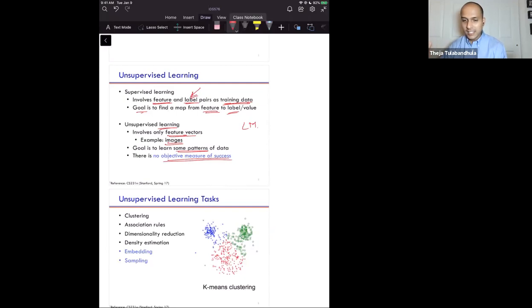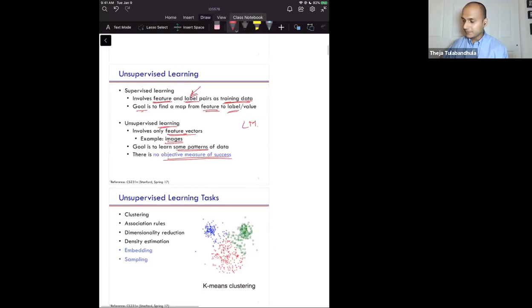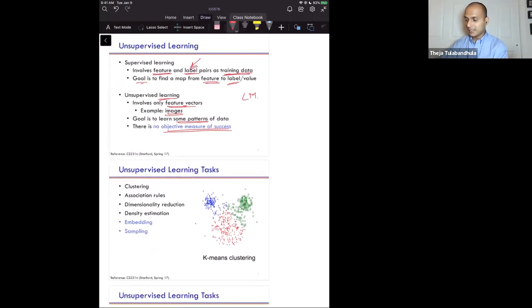GANs and VAEs, as you'll see, are mostly used for image related data sets. The GANs and VAEs that we'll see later today will produce some images, because they are generative models, so they can generate new images. You can look at the images to say what the measure of success is, but there's really no objective measure of success. And that was true even for clustering techniques that you saw in some previous class.